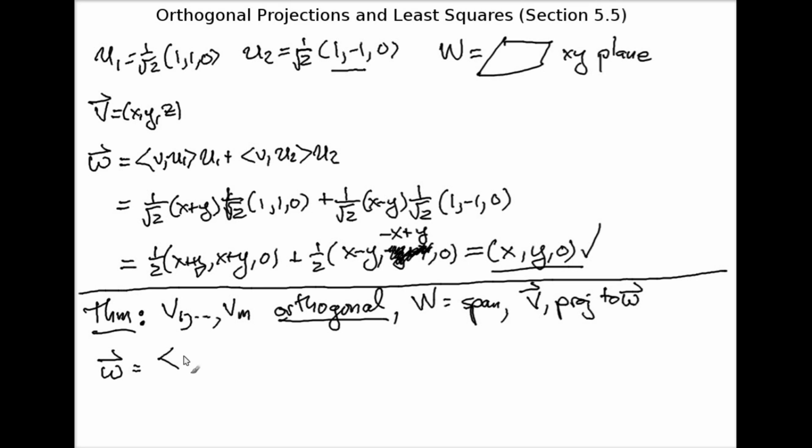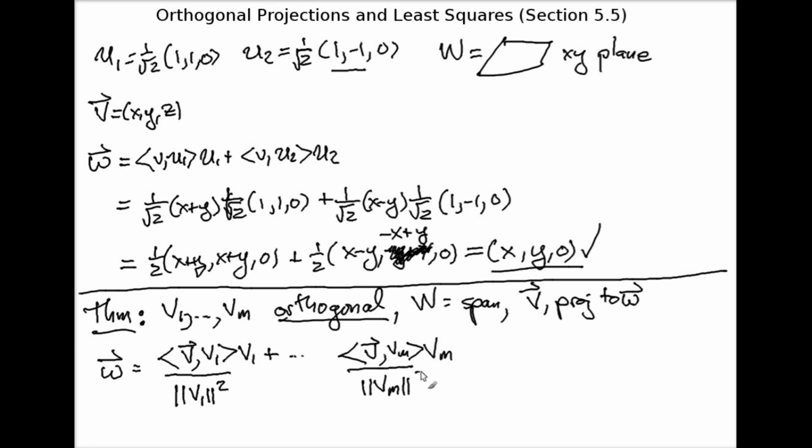Well, let's see. Before it was you take v and pair it with v1, and it looks like this. If they were unit vectors, this would be the answer, but they're not unit vectors, so it must be that you're supposed to divide this by length of v1 squared and so on up to length of vm squared.